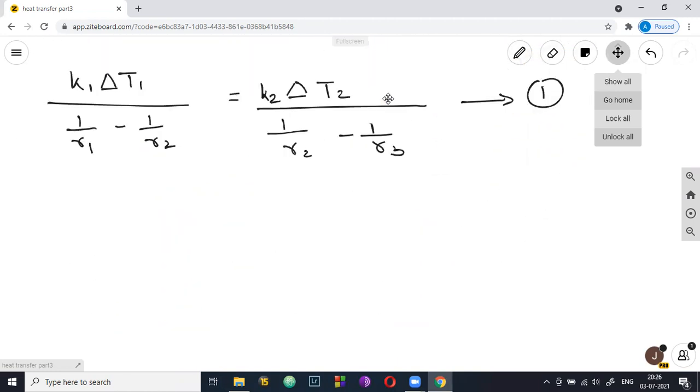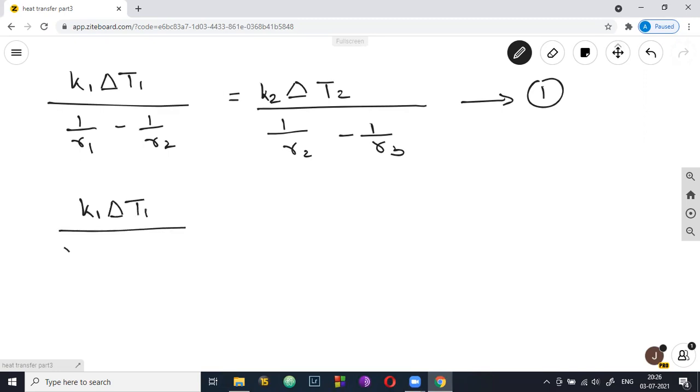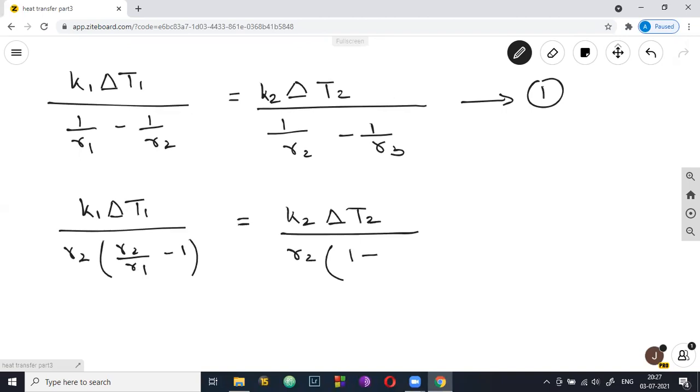So what I'm going to do here is, in this scenario, I'm going to take R2 common. So K1 delta T1 divided by, if I take R2 common, I get R2 by R1 minus 1. K2 delta T2. Here also I'm taking the R2 common. So 1 minus R2 by R3.